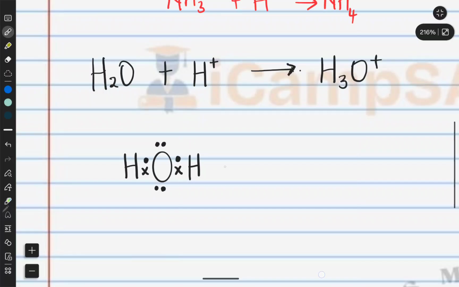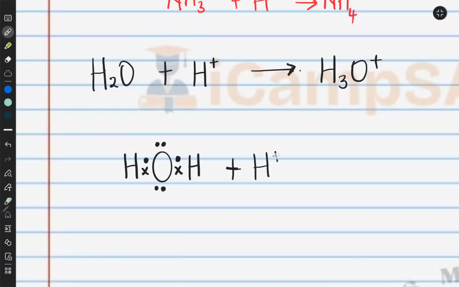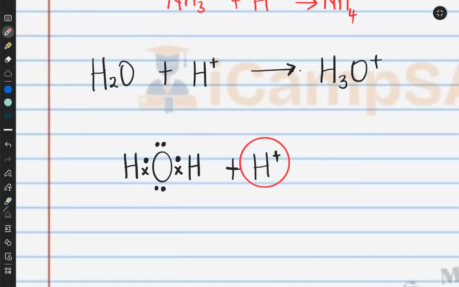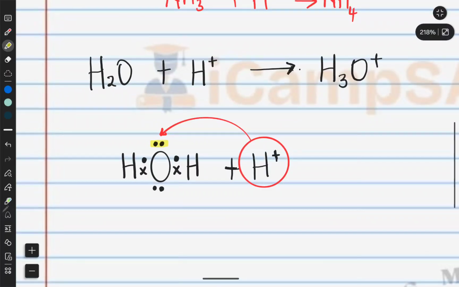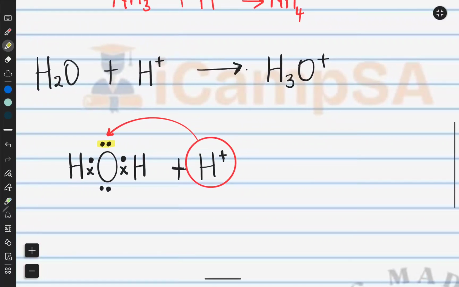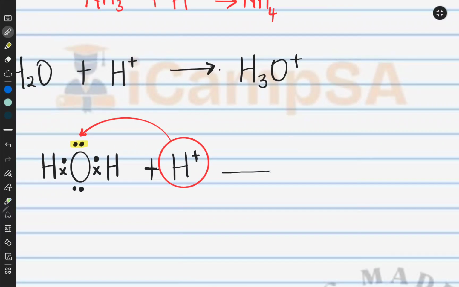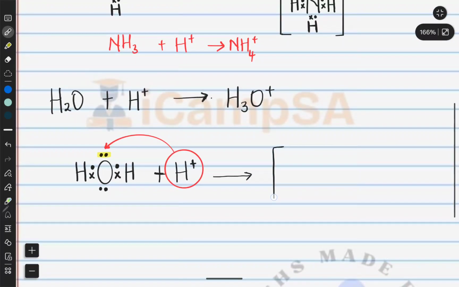Now this hydrogen ion comes, it needs exactly 2 electrons. So this whole hydrogen ion will go and sit there, or at the bottom, it doesn't matter, because there are 2 lone pairs. It'll choose one of those lone pairs. And then what we end up having is a new ion called hydronium ion.